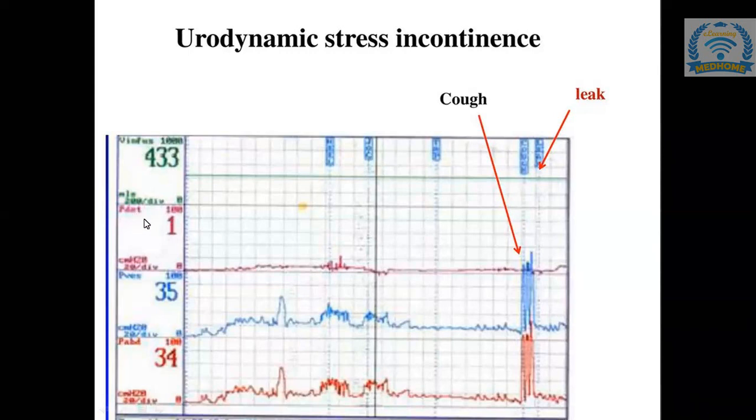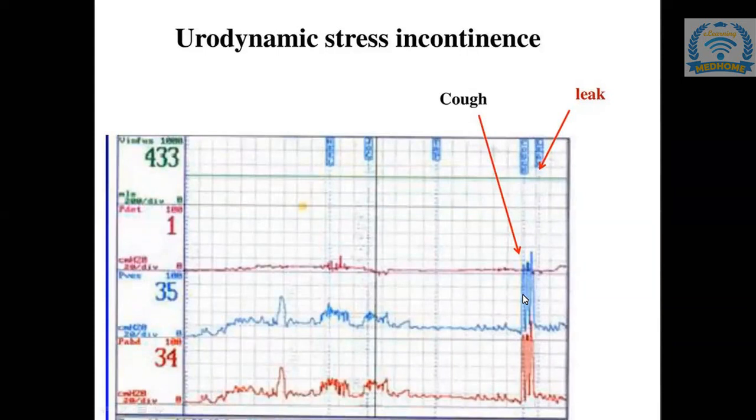Okay, I'm going to tell you that number one, where number one is written, is the detrusor pressure. This is the vesical pressure, and this is the abdominal pressure. The pink one is the detrusor pressure, the blue line is the vesical pressure, and the red one is the abdominal pressure. When there is a cough, P abdominal as well as P vesical is increased, and there is a concomitant leak.